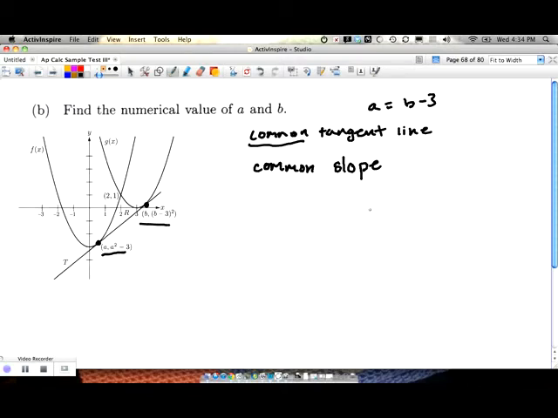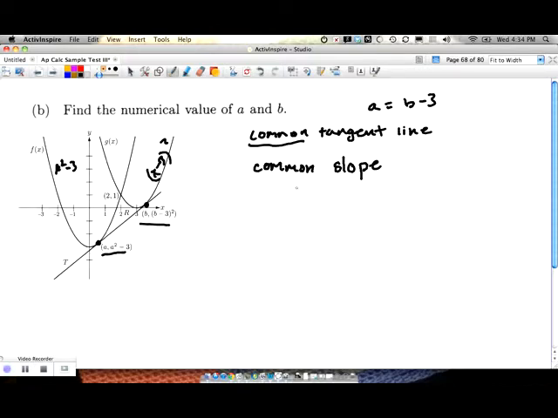So if I were to try and figure out what those pieces are, we have one function here. This function is x squared minus 3, and this function right here is x minus 3 quantity squared. I can find the derivatives for those and make them the same. So I need to figure out what that slope is.